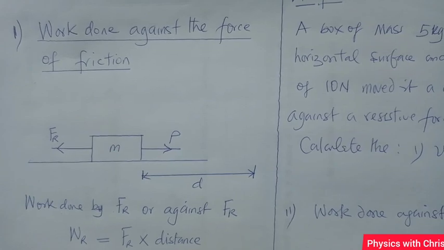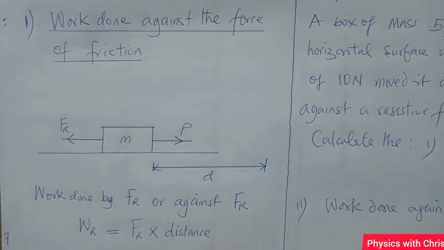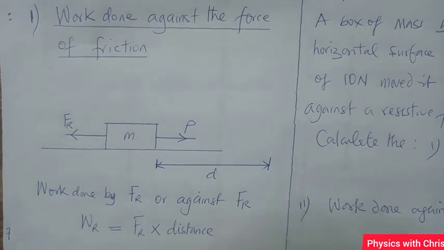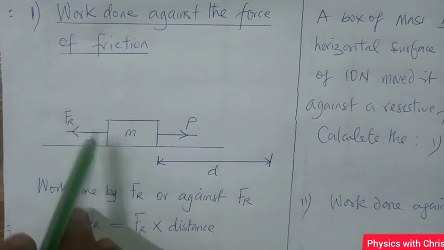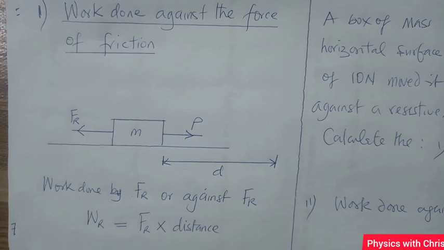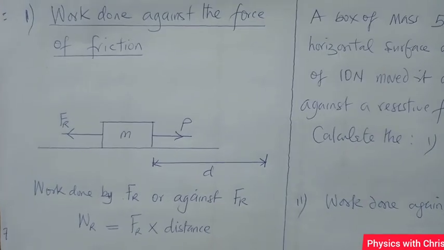So like I have a case where there's a box of mass lying on this horizontal surface and a force P, I call that the applied force, is about to move this box through a distance d. But that movement is being opposed by the force of friction, Fr.